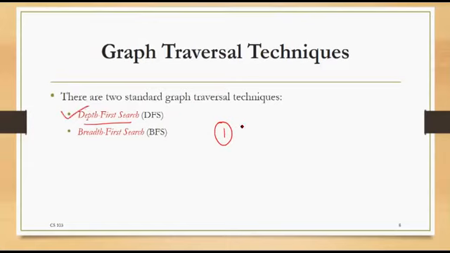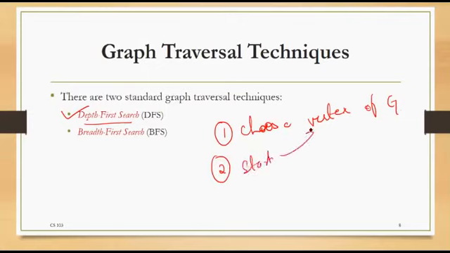So first what you have to do is randomly or arbitrarily choose a vertex from our graph. Choose a vertex of graph G. After that, the next step is to form a path starting at this vertex.